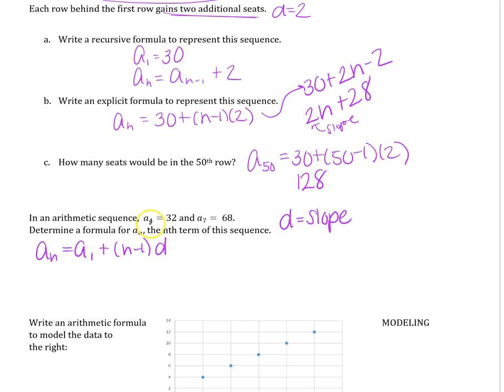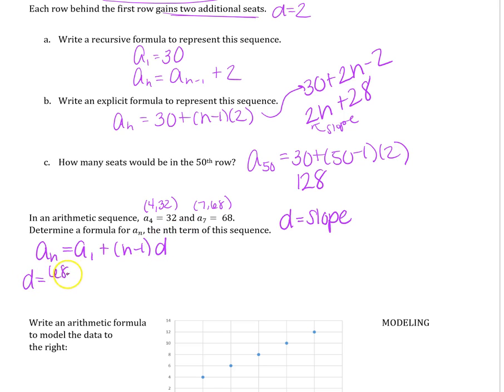If you think of a sub 4 equals 32 and a sub 7 equals 68, this is like coordinate points. 4, 32. The 4th term is 32. 7, 68. The 7th term is 68. If I find the slope of those 2 points, that'll give me the common difference.